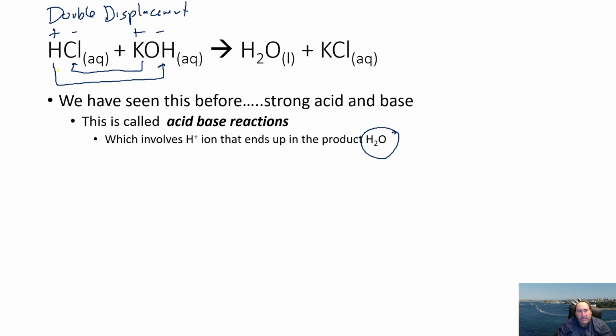And our H and OH coming together to make water. Once again, the H plus from the acid coming together with the OH minus from the base to make the water. And our salt, right? The other two guys coming together. So that is our salt right there, and that makes our water and salt that is formed. Once again, the salt being just an ionic compound.